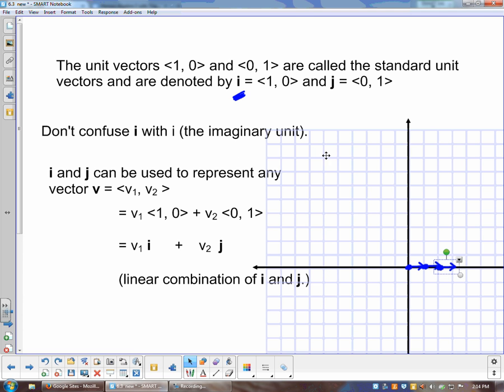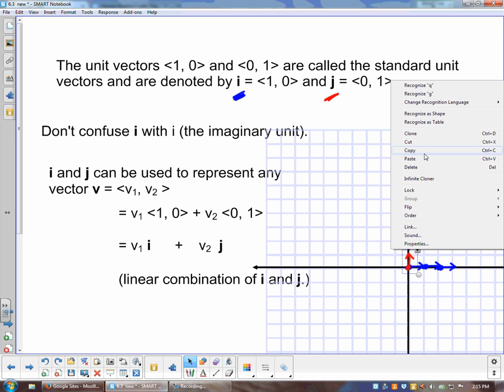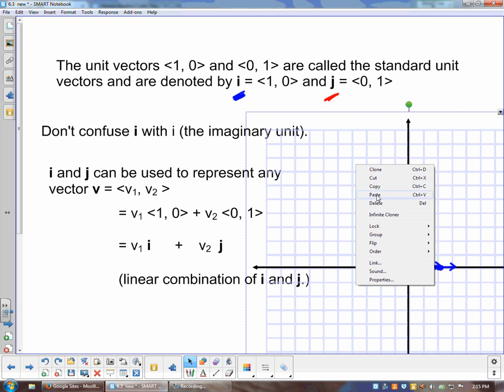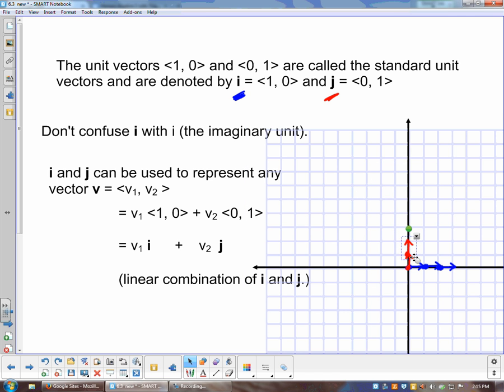And same thing with vector j, boldface j here. And vector j is the vector that's 0, 1, so it goes from 0, 0 up to 0, comma 1. And again, I might want a combination of those. So I might want to have a few of those. Right? So there's putting two of those together. So don't confuse vector I, boldface I, with I, the imaginary unit.